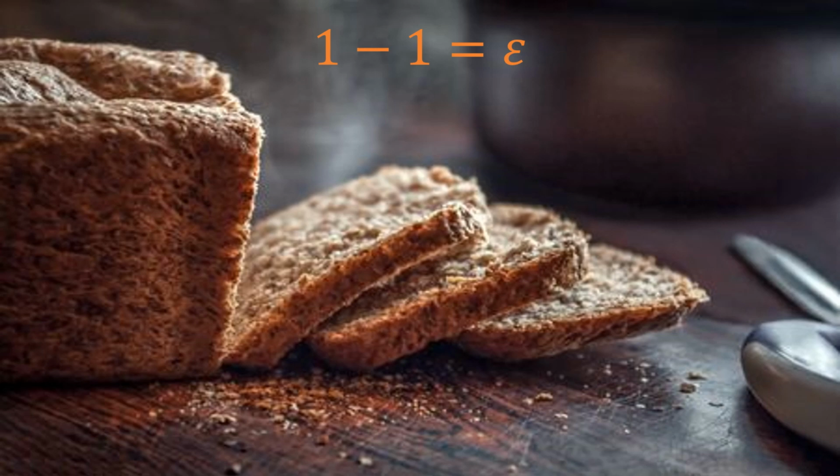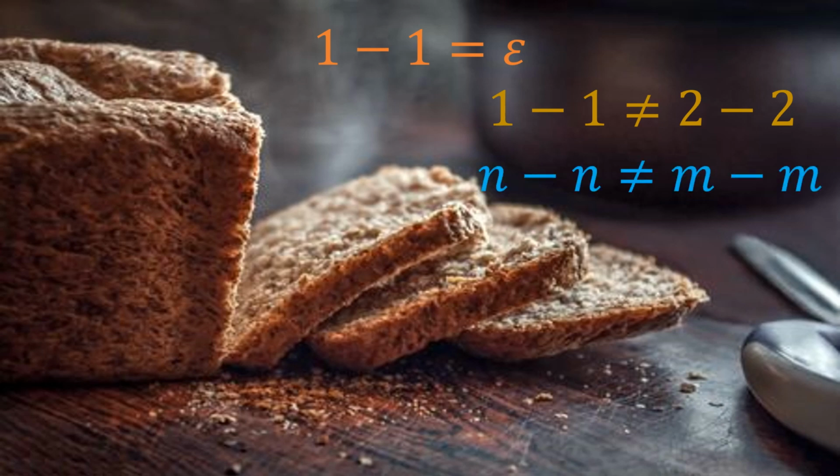The number of crumbs that will be left when the action is done with one piece of bread is not the same as the number that will be left if we use 2 pieces of bread instead, or more. That is why 1 minus 1 cannot be equal to 2 minus 2, and so on. So, in general, n minus n is not equal to m minus m if n is different from m.